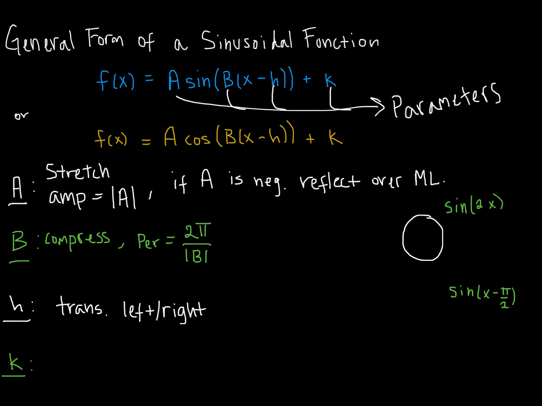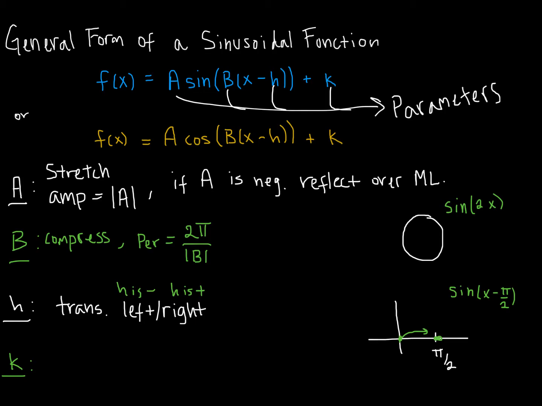And so if I'm looking at a graph here, and here's pi over 2, notice that sine of 0 doesn't occur. I don't evaluate sine of 0 until I get to this point. So what was originally here when I just have sine of x will now shift to the right and be at an x value of pi over 2, thanks to this phase shift. And so I'll be shifting to the right when h is positive, and shifting to the left if h is negative.